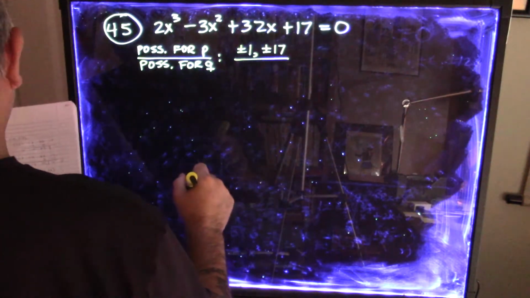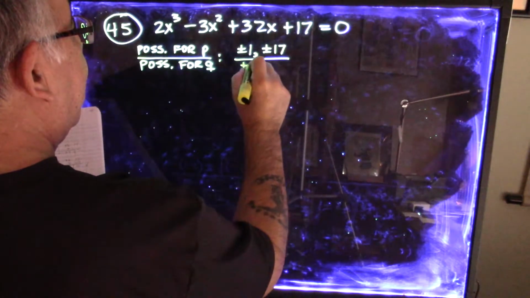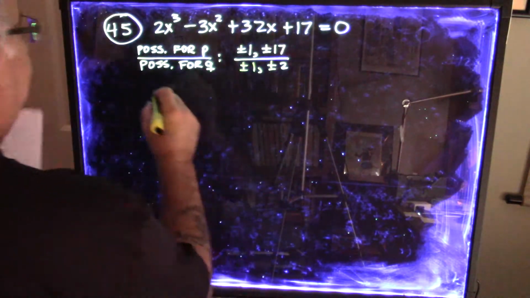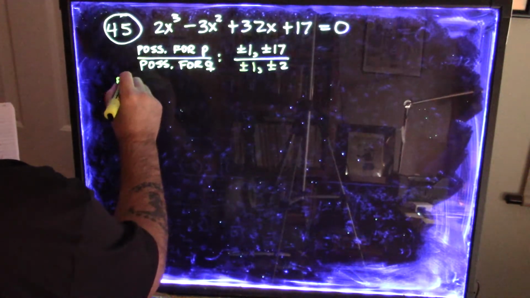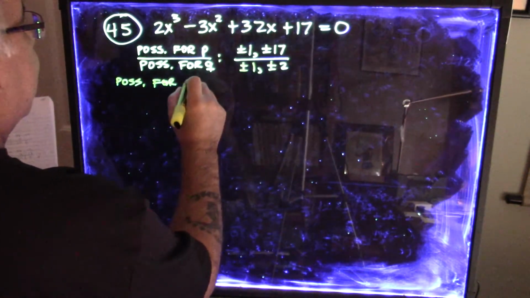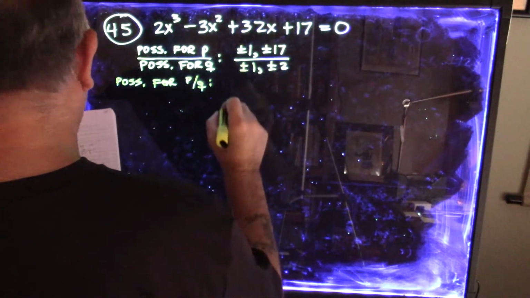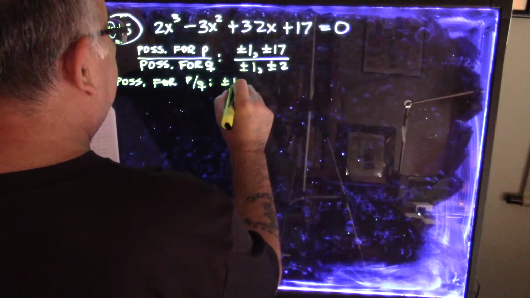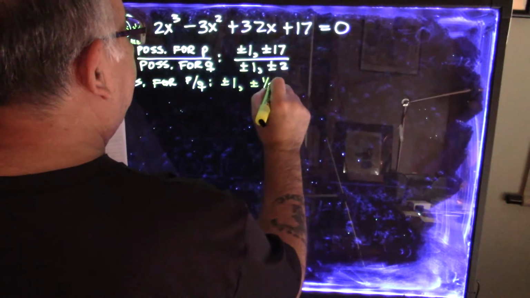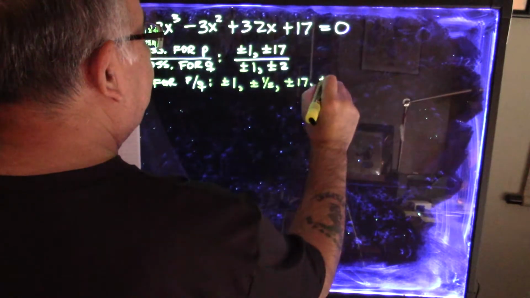And then the factors for 2 are 1 and 2, plus or minus. So the possibilities for P over Q: 1 over 1, that's 1, 1 over 2, that's 1/2, 17 over 1, plus or minus 17, 17 over 2.